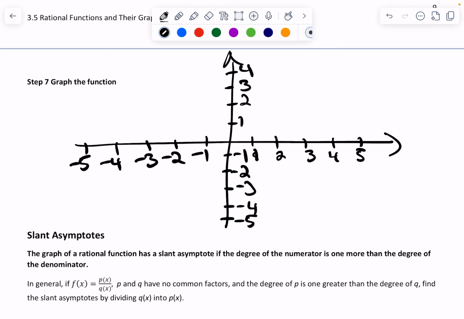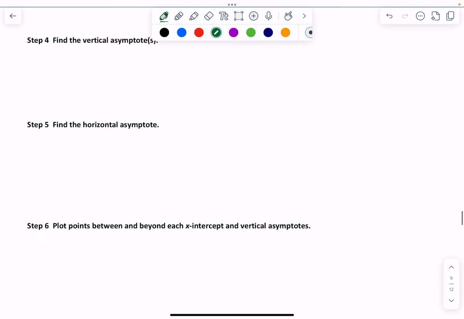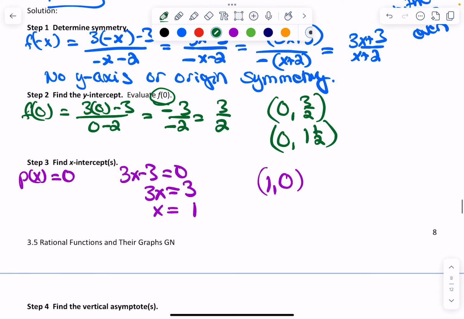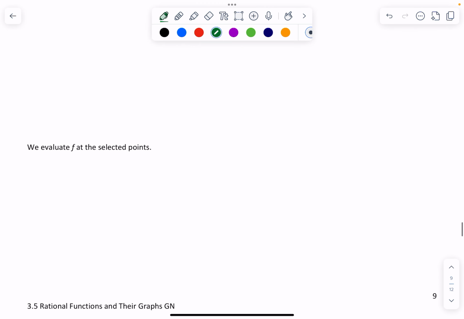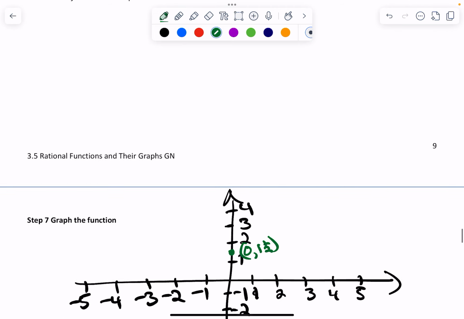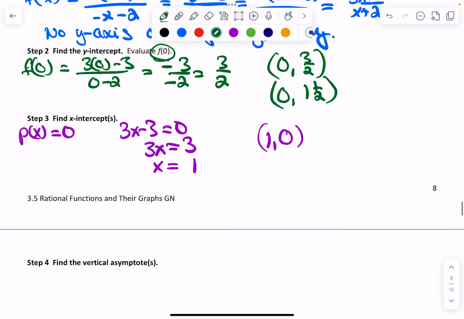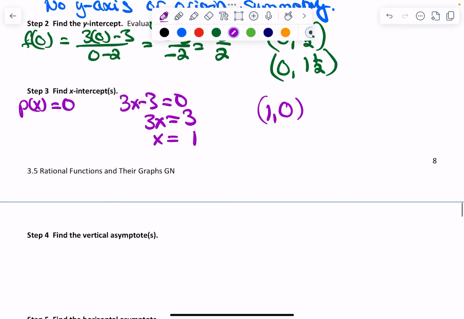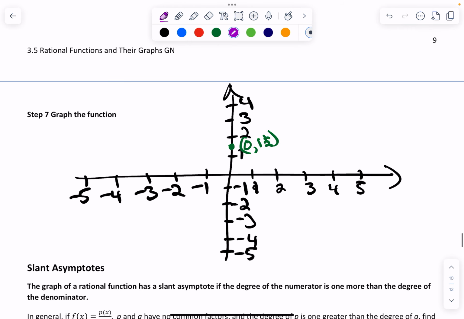Here we go. What were the points that we had? The y-intercept (0, 1 and a half), so our y-intercept is going to be right here. And the other one was the x-intercept, which is (1, 0). So the x-intercept is right here.